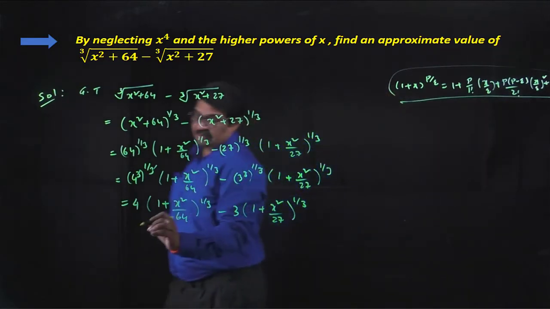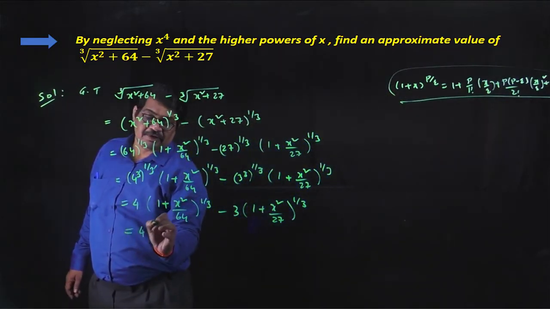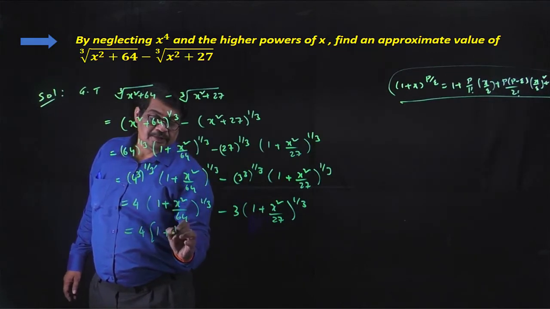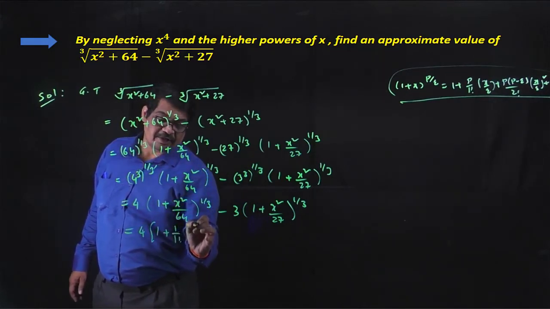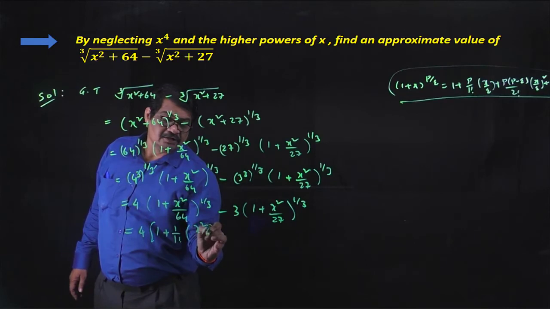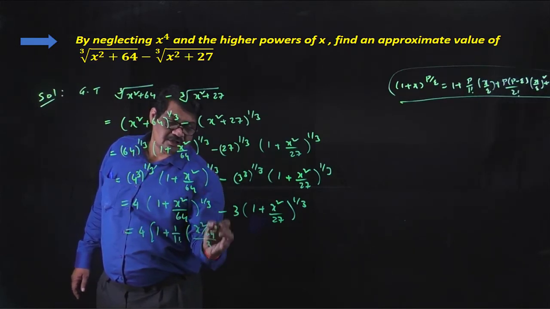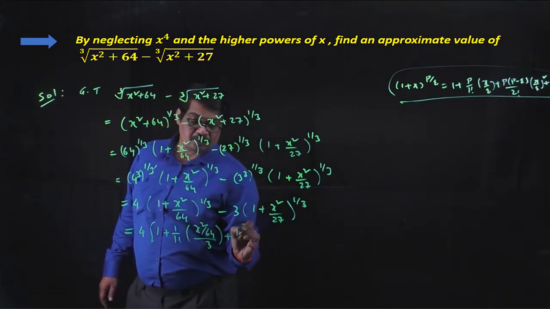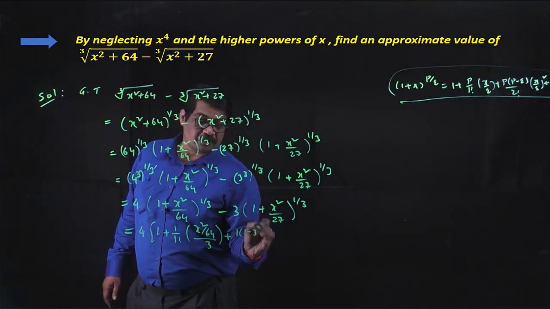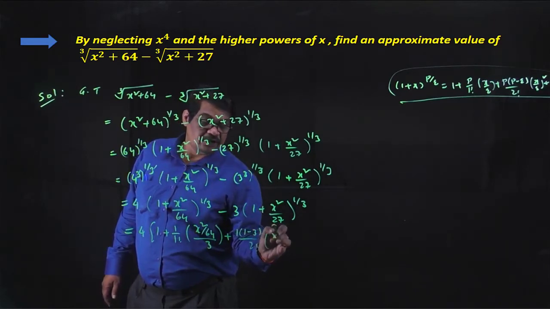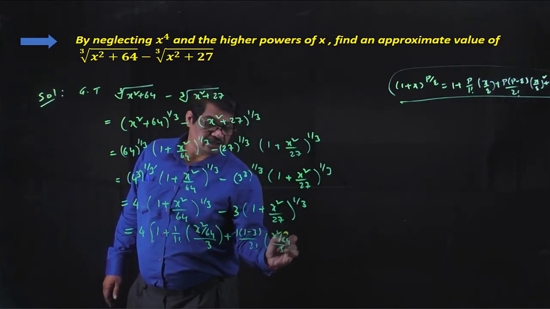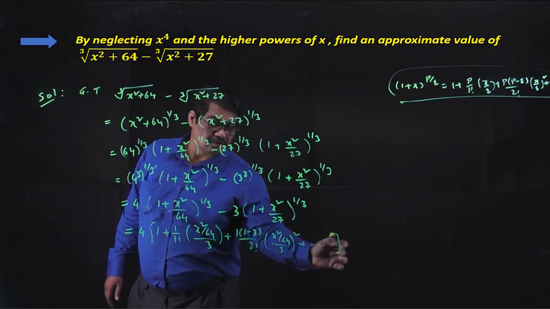Now we are expanding this one, that is 1 plus p by 1 factorial into x by q, where x is x square by 64 and q is 3, plus p into (p minus q), that is 1 minus 3, by 2 factorial into (x square by 64 by 3) whole square, and so on.